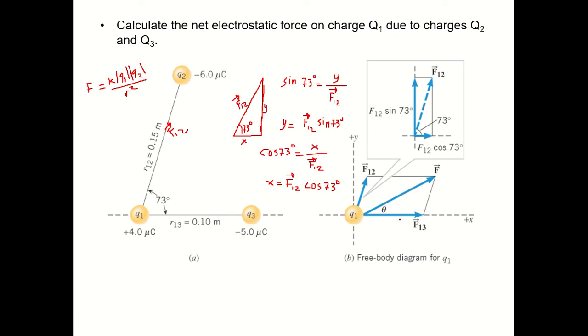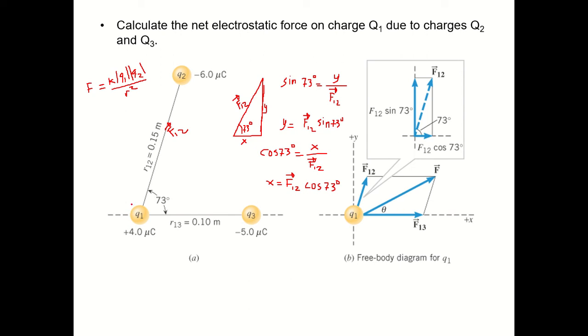They are both on the same direction. After that, you will have the overall result of the horizontal component and also the vertical component.